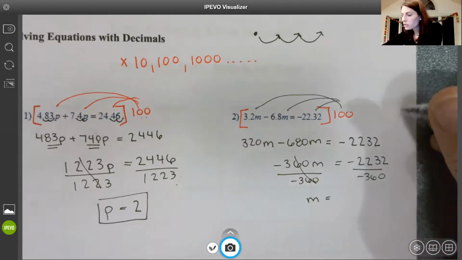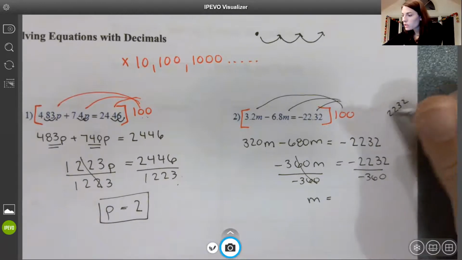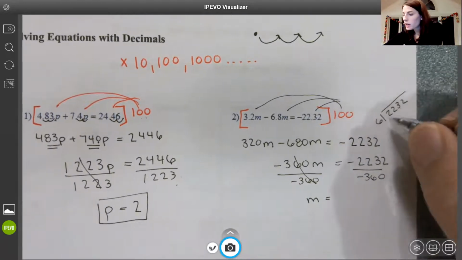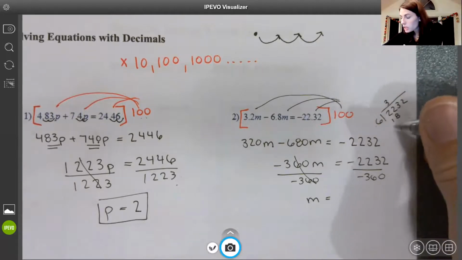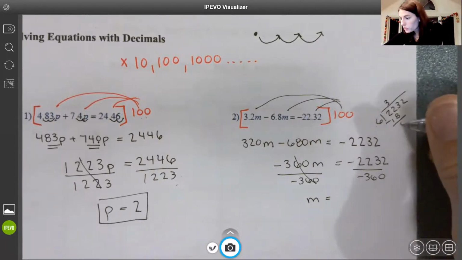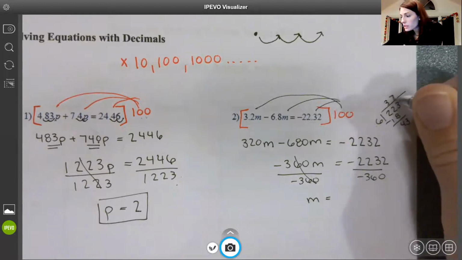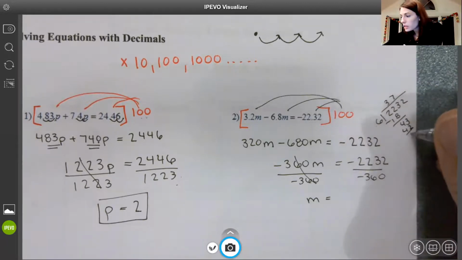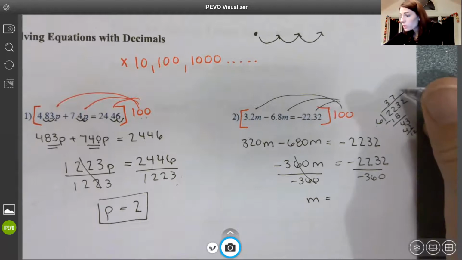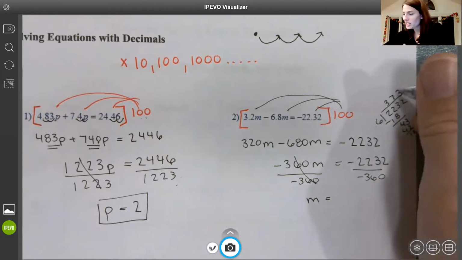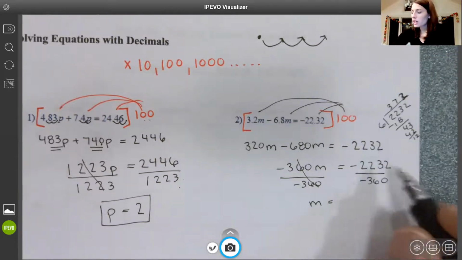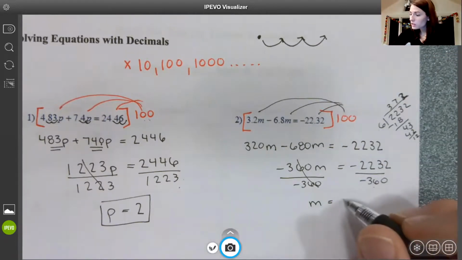A quick little check over to the side, 2,232 divided by 6. 6 goes into 22 3 times, gives me 18, gives me 43, goes in 7 times, gives me 12, goes in 2 times. So yeah, I can divide this by 6 to start reducing.